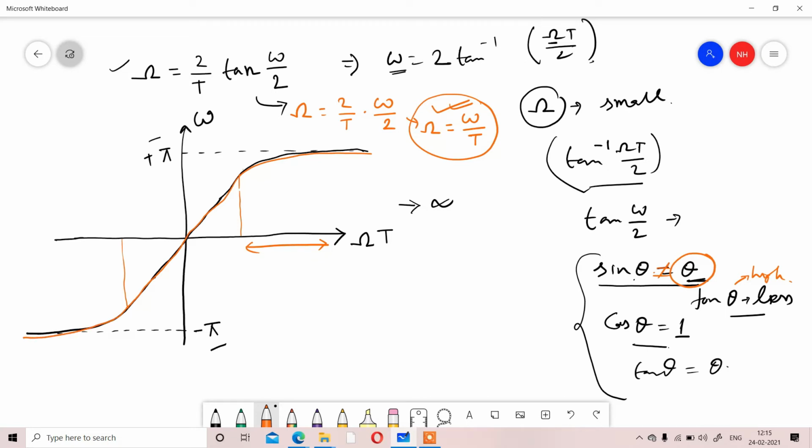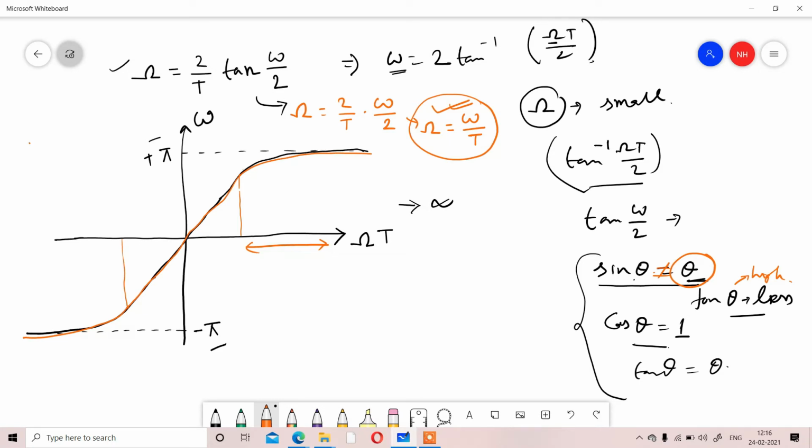That is the characteristic of the equation analog frequency equal to 2 by T tan of digital frequency by 2. That non-linearity effect is called the warping effect.